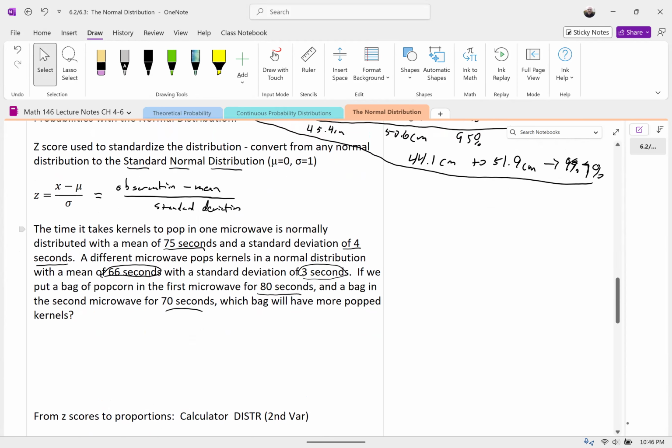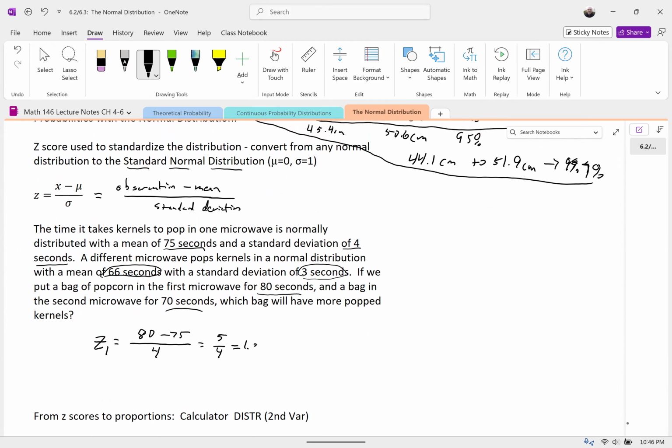And a nice way to do that is to look at the z-score. So if I look at the z-score for the first one, I'm going to run it for 80 seconds. And I know that the mean is 75 and the standard deviation is 4 seconds. So that's going to give me 5 divided by 4.